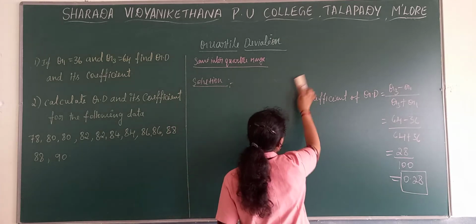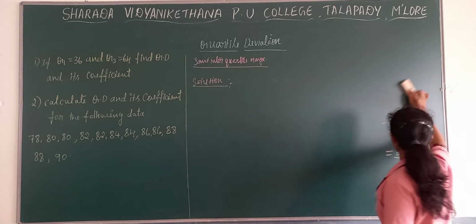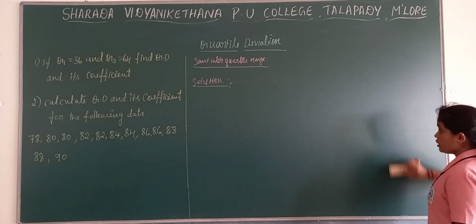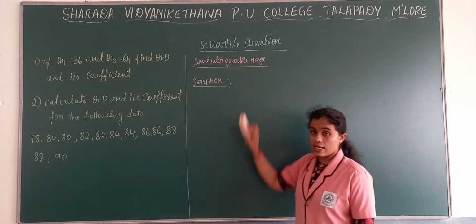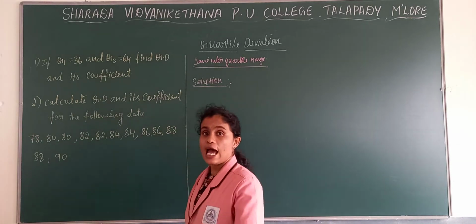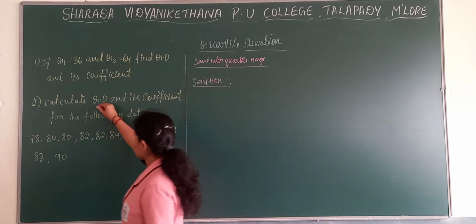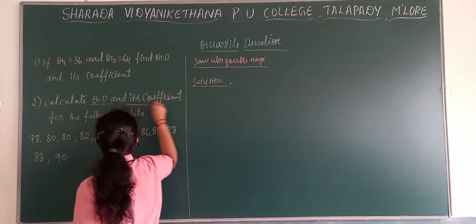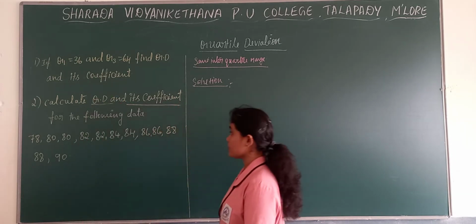If you observe, here they have given ungrouped data. The second problem: calculate the quartile deviation and its coefficient for the following data.